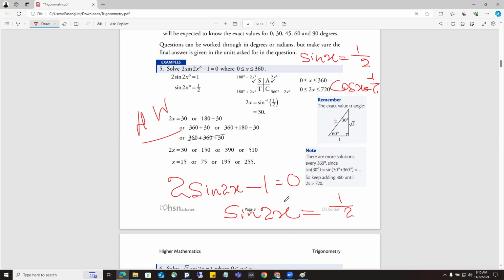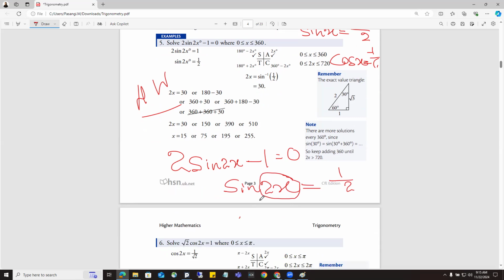And then remember, here they have given the 2x angle. So once you take the inverse and find the value, what will we receive for 2x? The 2x angle is sine inverse half. Sine inverse half means 30.